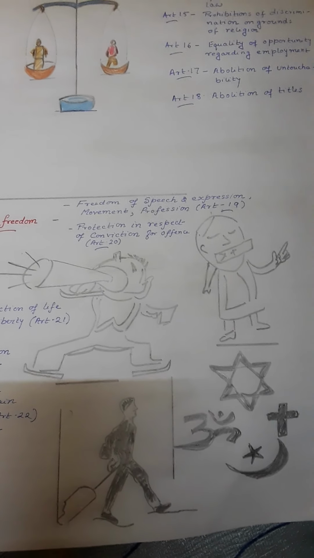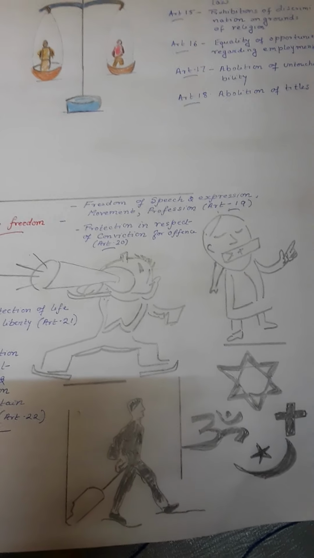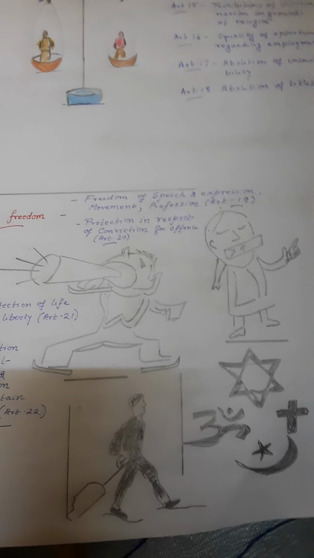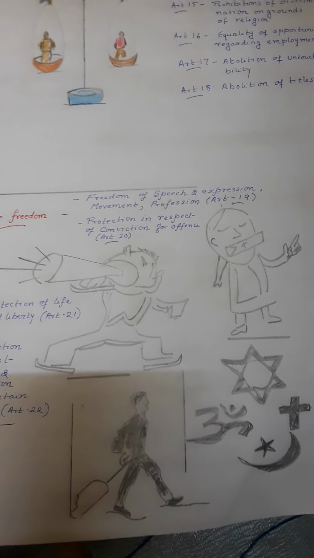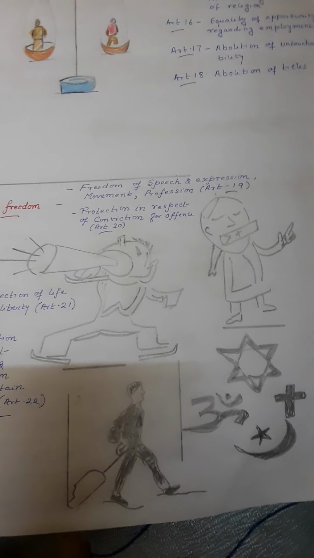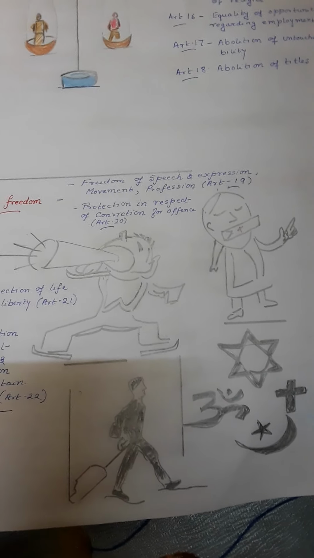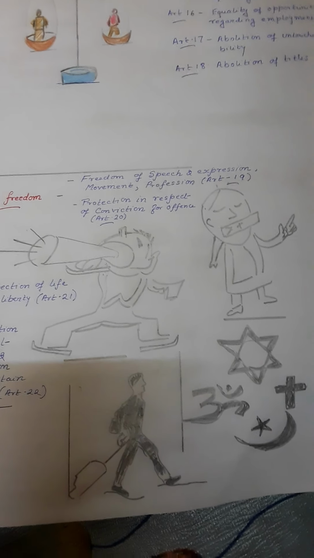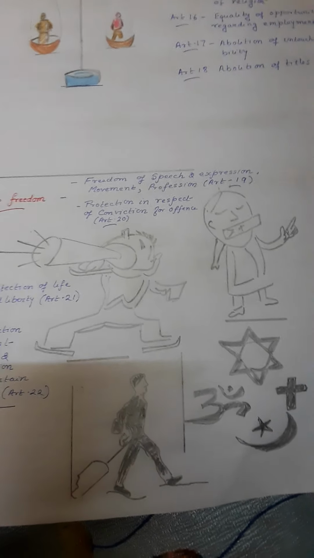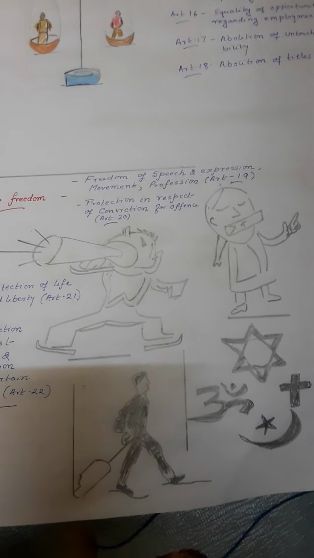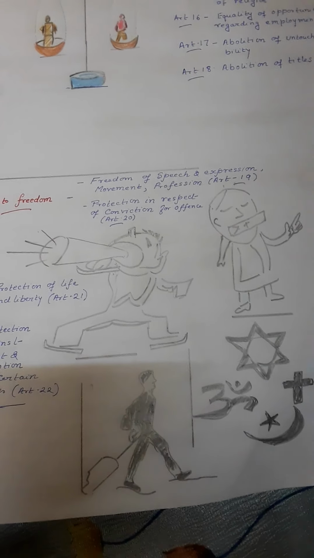No one should use titles such as Nawab, Maharaja like this. But anyone can use a title provided by the government of India. Clear? Suppose an educational degree, just as a title. If anyone achieves a doctorate degree, he can use it.